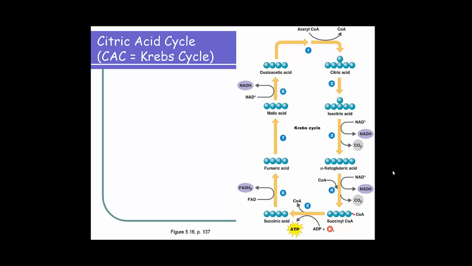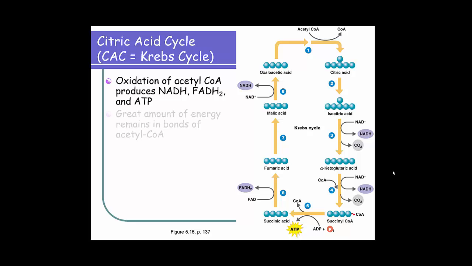Now, we have the acetyl-CoA. Is there still energy in the bonds? Yes. Now we will enter the citric acid cycle, or Krebs cycle. I will refer to it as the citric acid cycle. Here we're going to oxidize the acetyl-CoA to produce NADH, FADH2, and some ATP.